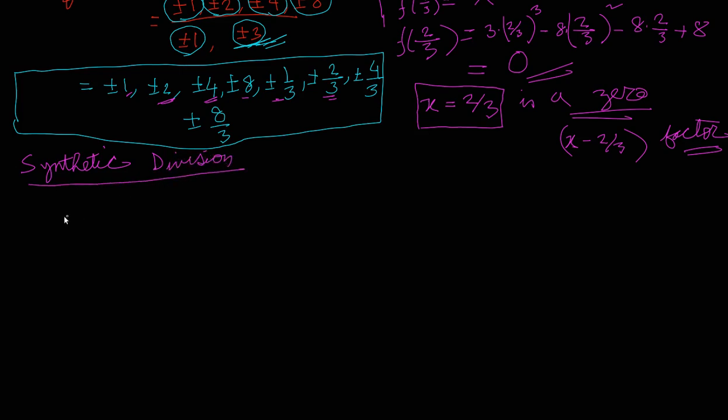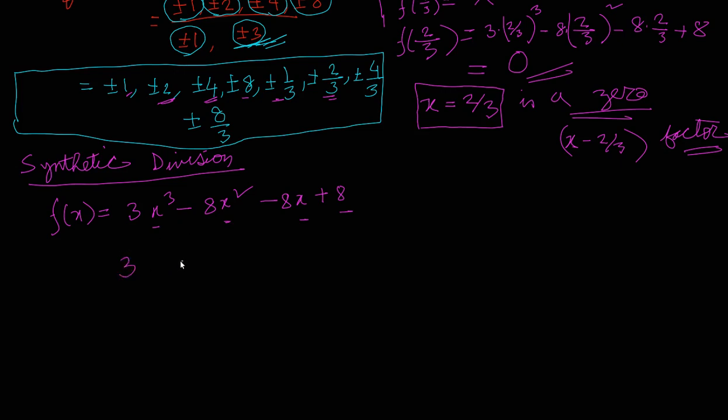My function of x is 3x cubed minus 8x squared minus 8x plus 8. To do the synthetic division, first I need to write all the terms in descending order, which is already there: x cubed, x squared, x, and then the constant term, and I do not have any missing term. So now I can write down the coefficients.